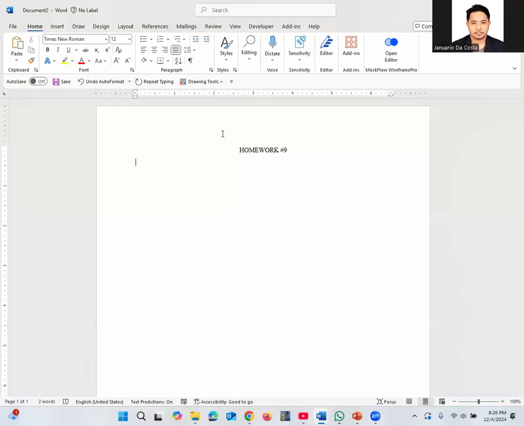Okay, instructions. You need to write a name first. Write a minimum of 500 words about the central limit theorem.